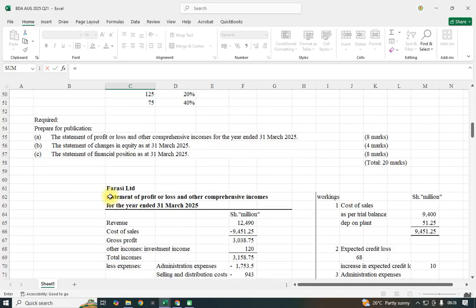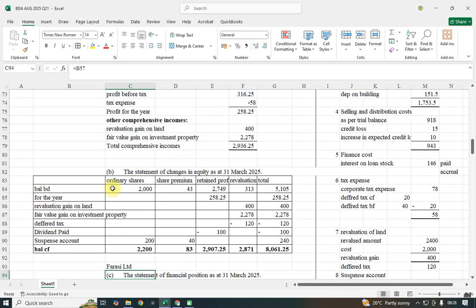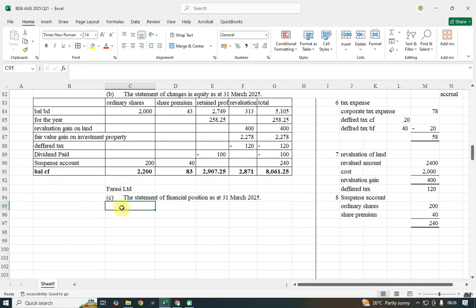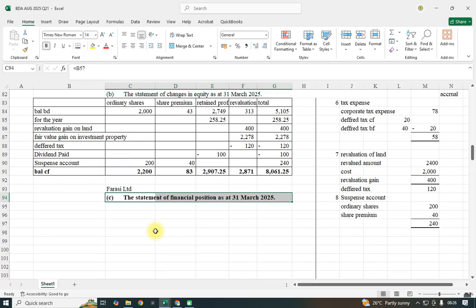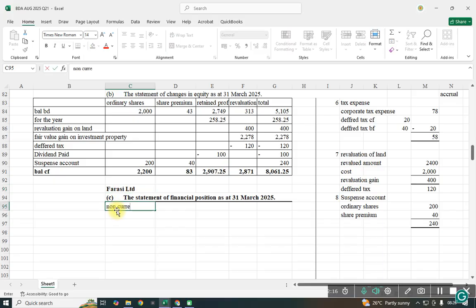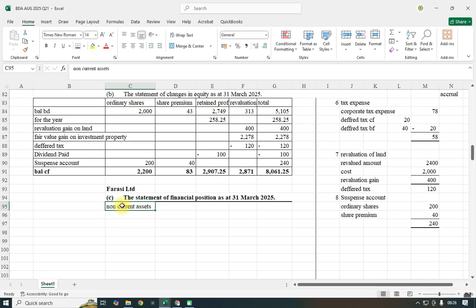So this is for Parasi Limited. We start with the non-current assets, and we shall start with the PPE, note number 9.